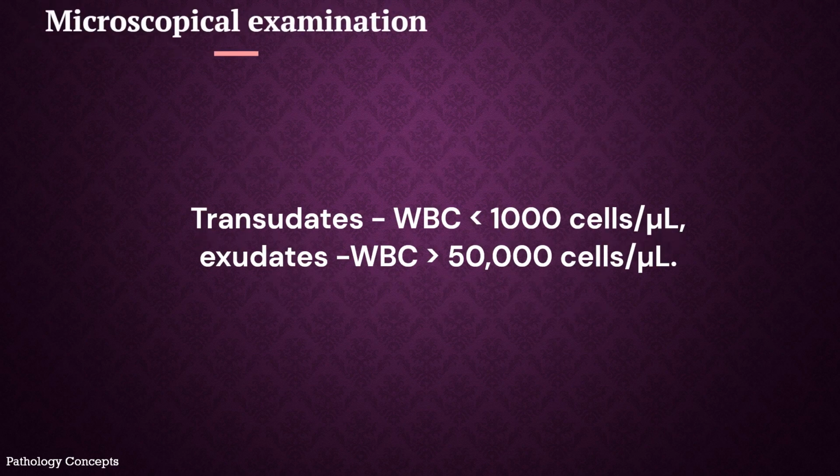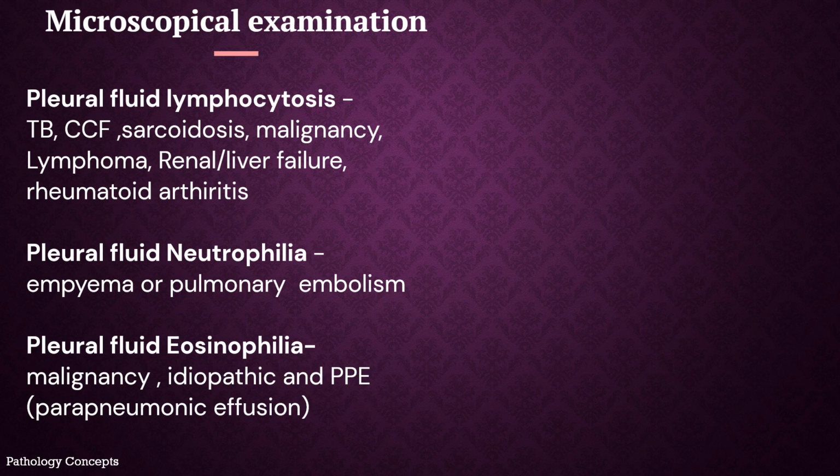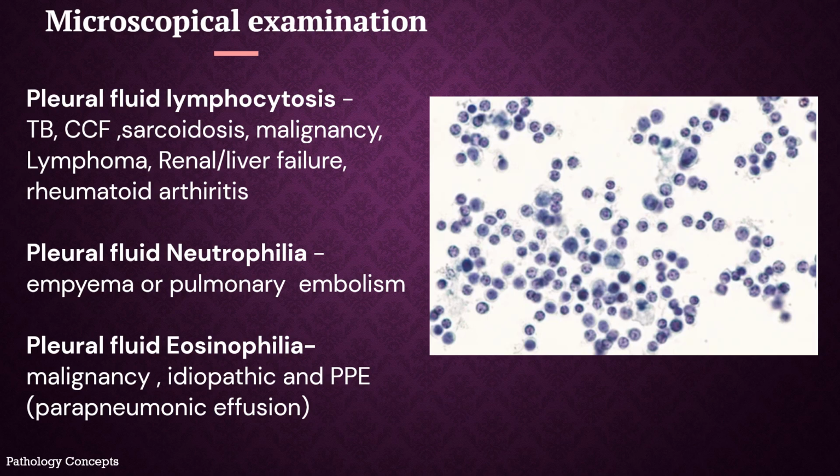Microscopical examination. Transudates have WBC count less than 1000 cells per microliter, whereas exudates generally have WBC count greater than 50,000 cells per microliter. Pleural fluid lymphocytosis is seen in TB, CCF, sarcoidosis, malignancy, lymphoma, renal or liver failure, and rheumatoid arthritis.